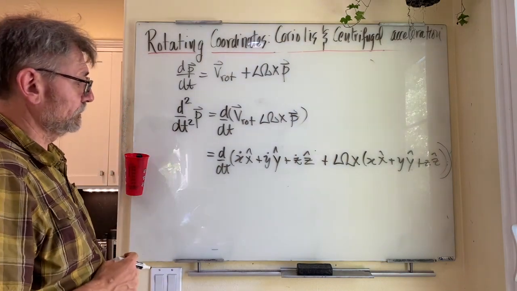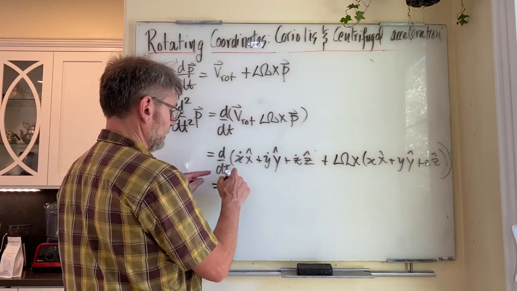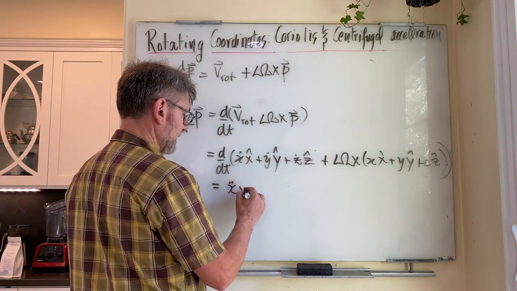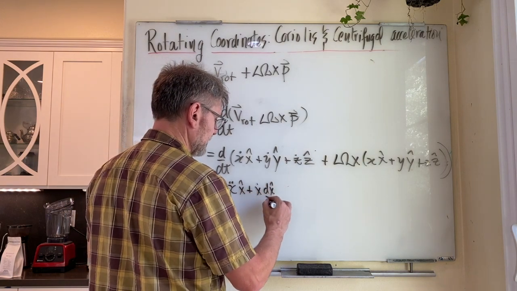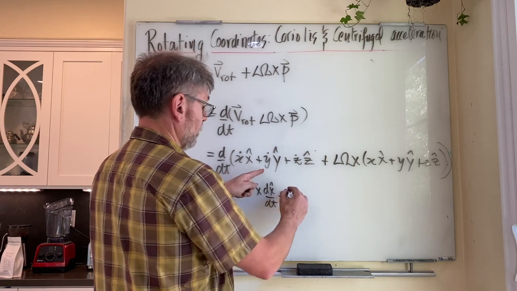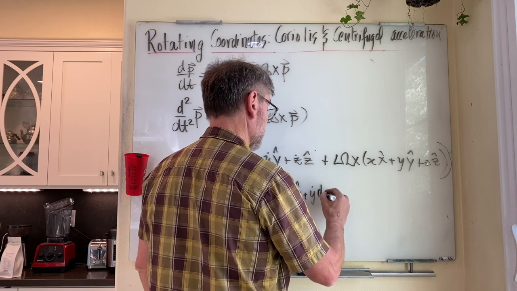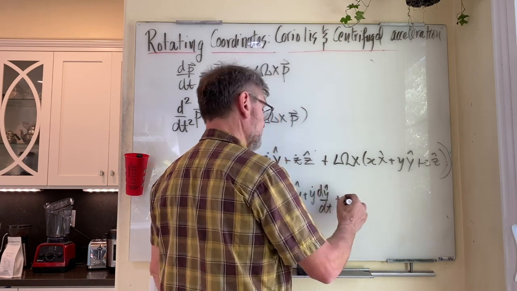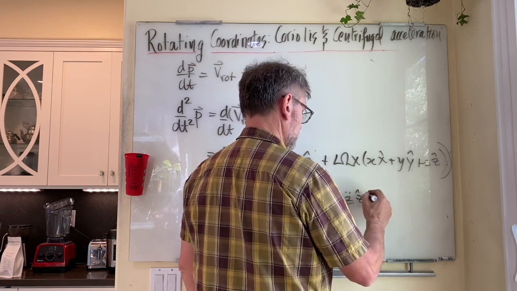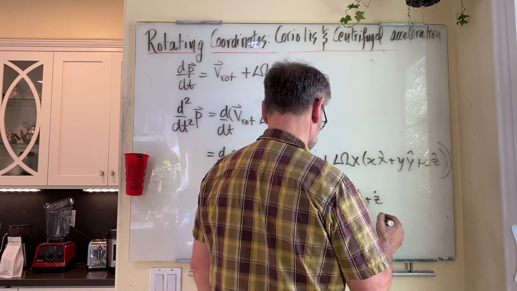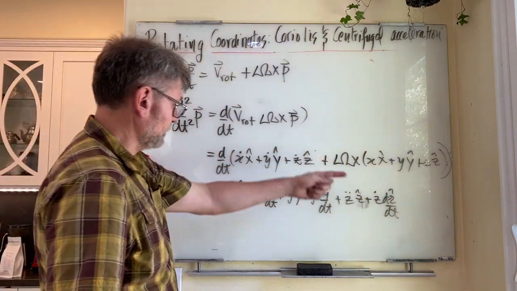All right, and we'll just use the product rule and expand this out and see what we get. So I'll get x double dot x hat plus x dot dx hat dt plus y double dot y hat plus y dot dy hat dt plus z double dot z hat plus z dot times dz hat dt.